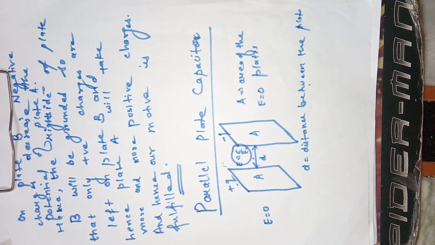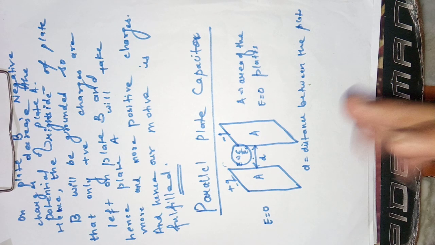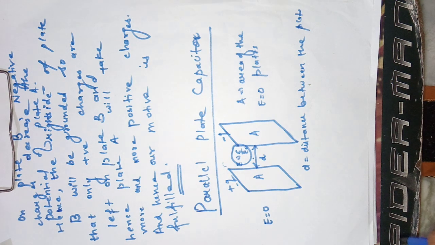So what is a parallel plate capacitor? A capacitor which consists of two parallel plates. And in one of our previous lectures, we considered this case in which we have two plates. One plate is having surface charge density plus sigma, and another plate is having the charge density minus sigma.